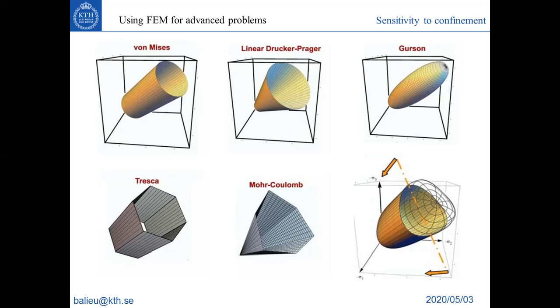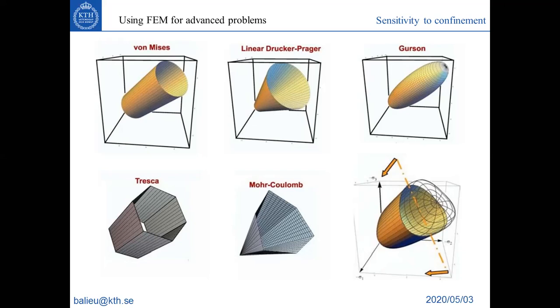And of course, you cannot say, okay, I will always use linear Drucker-Prager because it's working better. It of course depends on your material. There are some materials which have no pressure sensitivity, like aluminum. So for aluminum, you will not use a linear Drucker-Prager because in terms of plasticity, there is no difference between tension or compression. So of course, your yield surface should be in accordance with the materials that you are modeling.